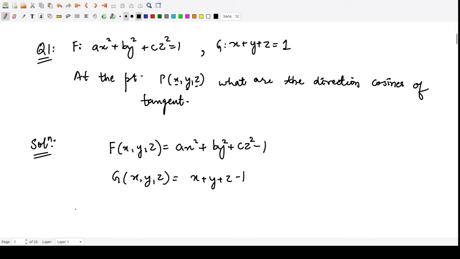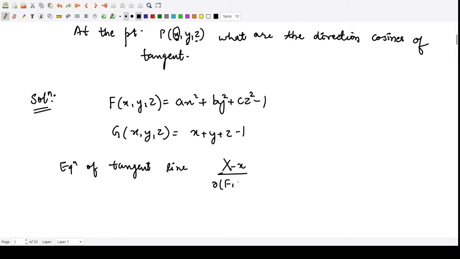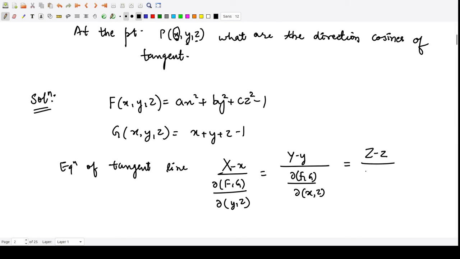So here what would be the equation of tangent line? According to the formula, (x - x₀), the given point, divided by the Jacobian of f and g with respect to yz, is equal to (y - y₀) divided by the Jacobian of f and g with respect to x and z, is equal to (z - z₀) divided by the Jacobian of f and g with respect to x and y.